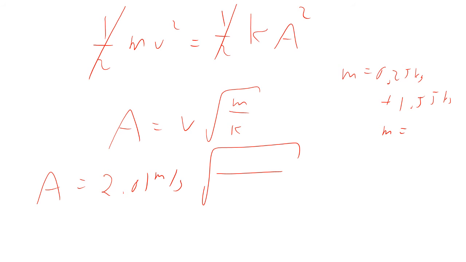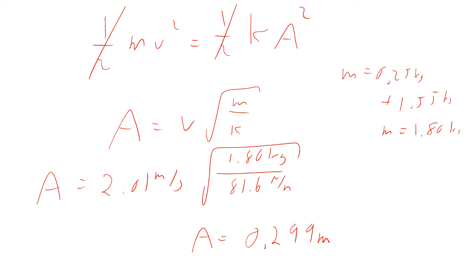So that means that m is going to be equal to 1.80 kilograms, and then we divide by the 81.6 newtons per meter that was given. And so the amplitude of the oscillation is 0.299 meters.